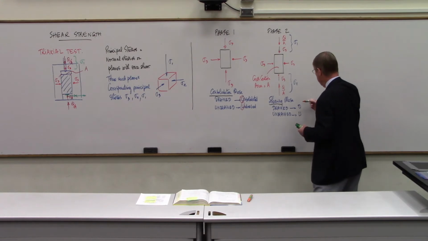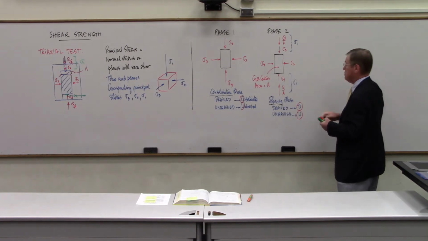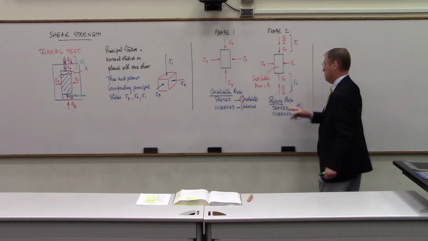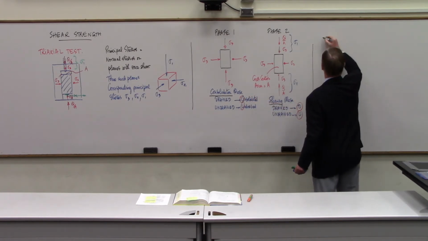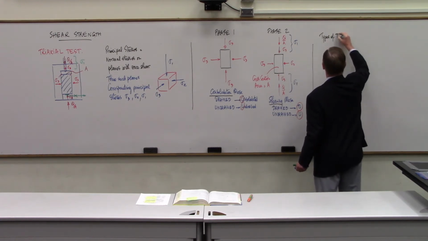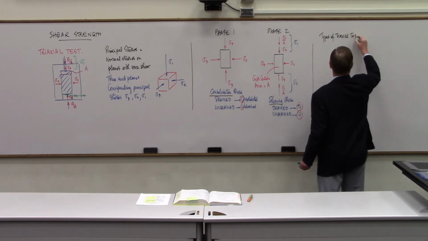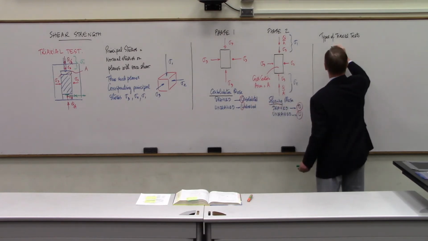So in the end, we have a number of choices when we run those triaxial tests. You can combine these, so types of triaxial tests. We can do a C-D test.